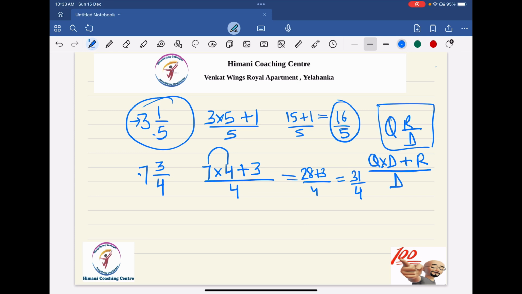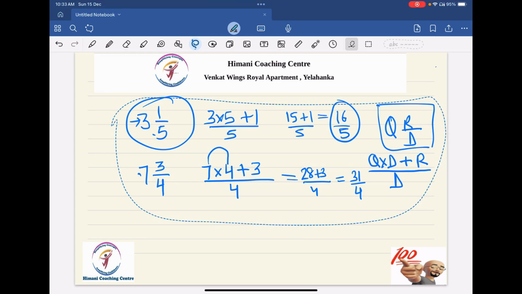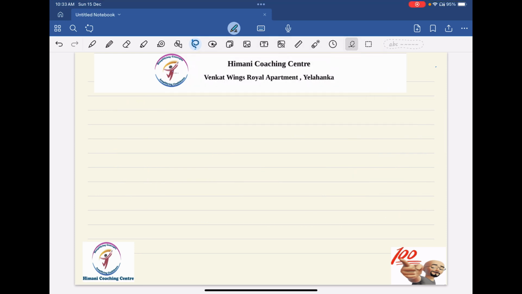So kids, what have we done now? We have converted mixed fraction to improper fraction. So these are the new concepts which you have learned up till now, and these are very, very important concepts, because in your further classes we will learn how do we use all of these things.